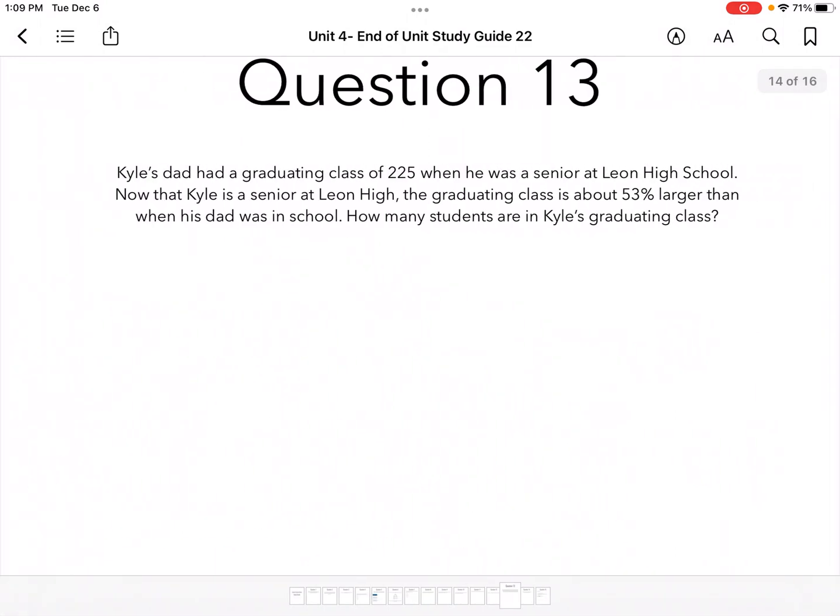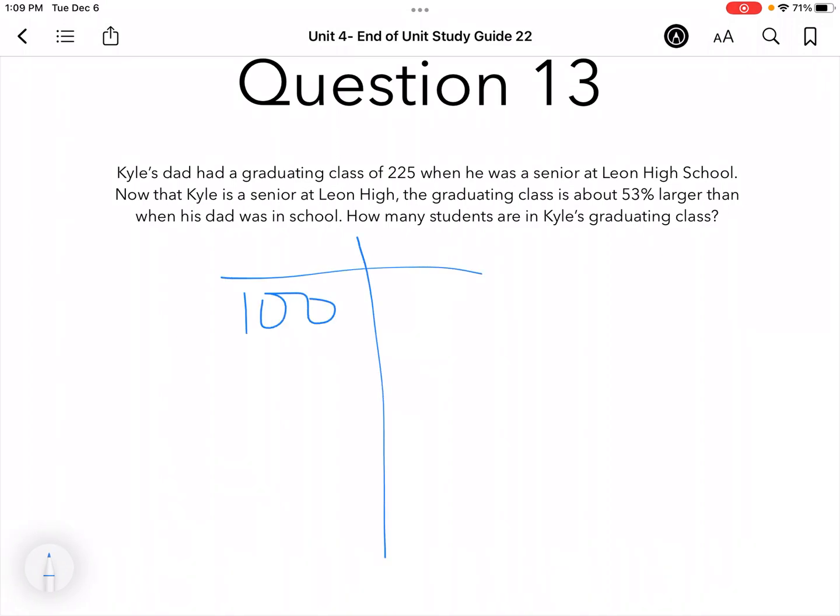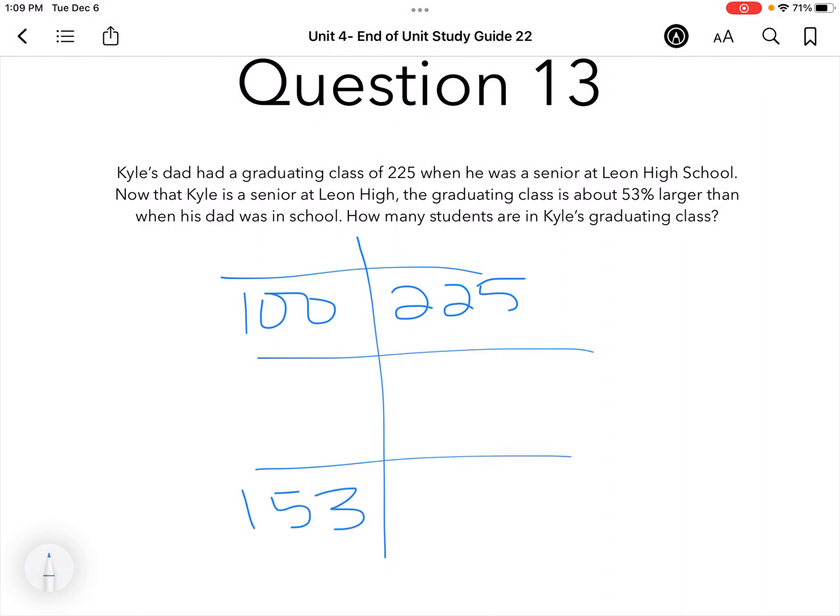Kyle's dad had a graduating class of 225 when he was a senior at Leon High School. Now Kyle is a senior, and he's graduating with a class that's about 53% larger than when his dad went to school. How many students are in Kyle's graduating class? Well, we have 100, and that would be 225. And then if it increased by 53%, I have 153%.